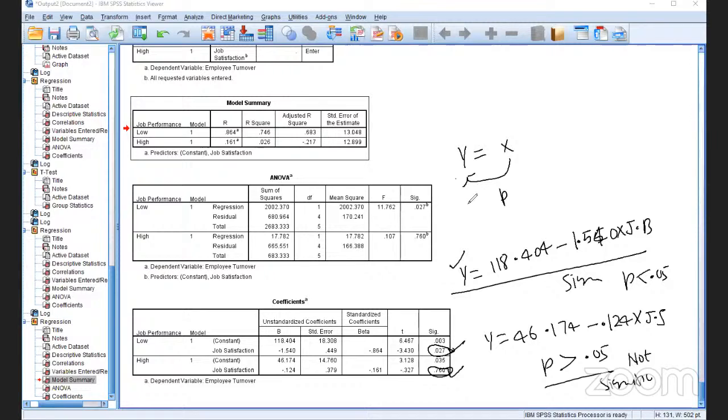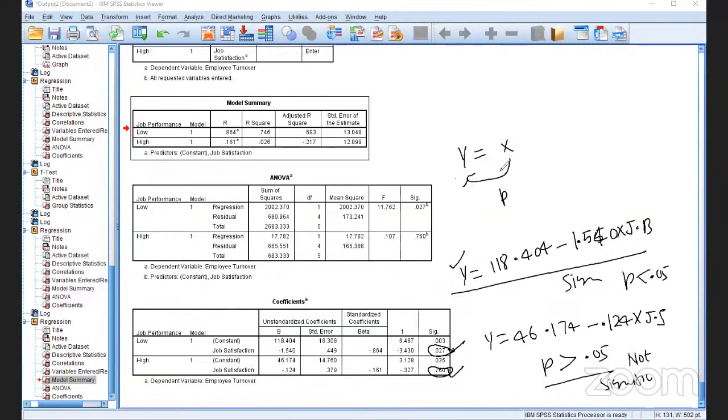But when we split the cases and check the relationship between job satisfaction and employee turnover for low performers and high performers, there is a significant difference.